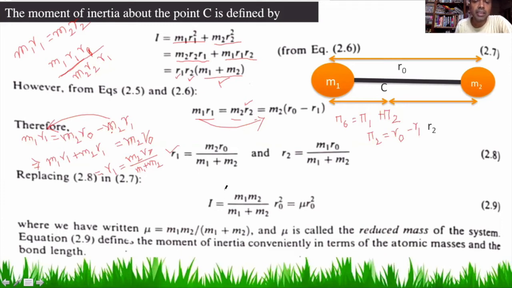And hence if I substitute both the values of r1 and r2 in the above equations, it will be left as m1 m2 divided by m1 plus m2, where this particular value m1 m2 divided by m1 plus m2 is called the reduced mass, denoted by mu, the reduced mass of the system. So here is the expression for the rigid rotator diatomic molecule, the moment of inertia about the point C.